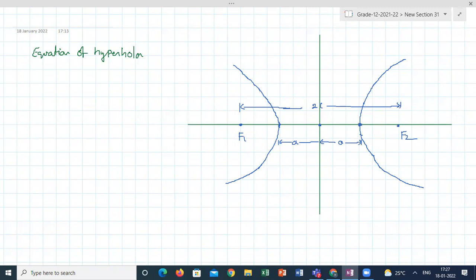This is very important. The distance between 2 focus is represented by 2C. The distance between 2 vertices is represented with 2A.